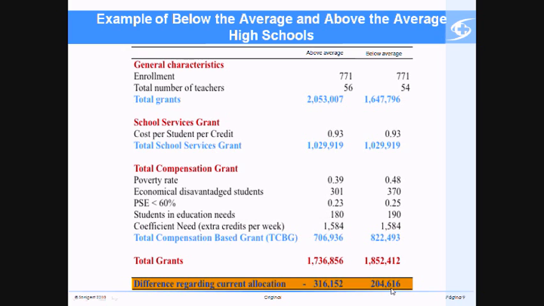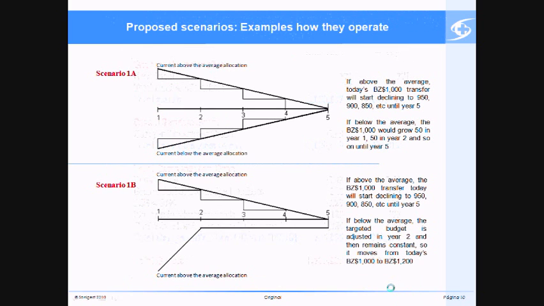So how do we make the transition? How do we ensure that we can afford to give the below average school the additional $200,000, and how do we ensure that the above average school receives a fair share of public funding? Well, there are several scenarios that are proposed for achieving that objective.